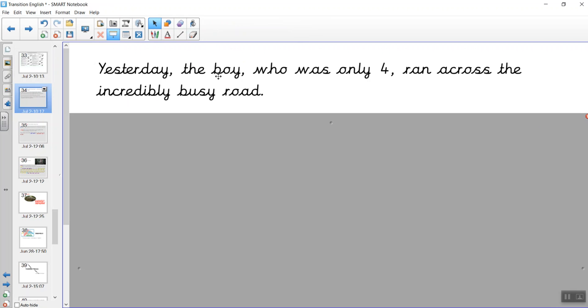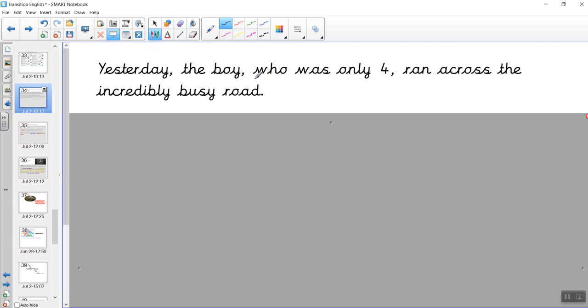Yesterday, the boy, who was only 4, ran across the incredibly busy road. Got a few things going on here. Yesterday, that's the fronted adverbial, and across the incredibly busy road. Well, across the incredibly busy road is a prepositional phrase, but the incredibly busy road is an expanded noun phrase.